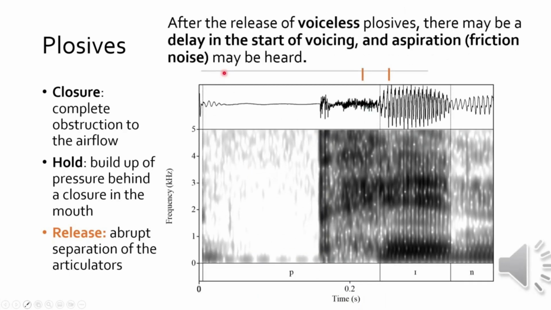So basically, it's generally the case that when we have a voiceless plosive, we're very likely to find quite some distance between the release of the plosive and the beginning of voicing. So here's our vowel.